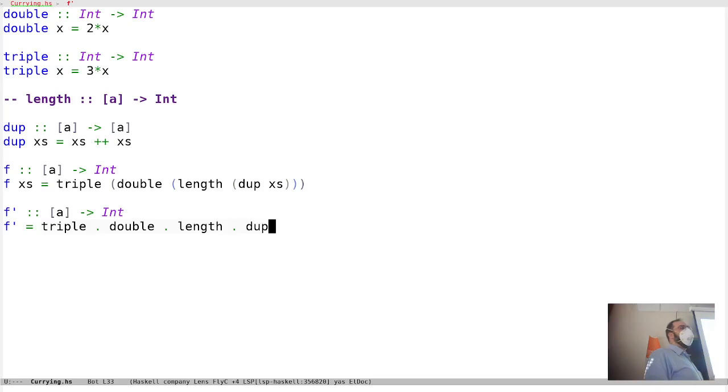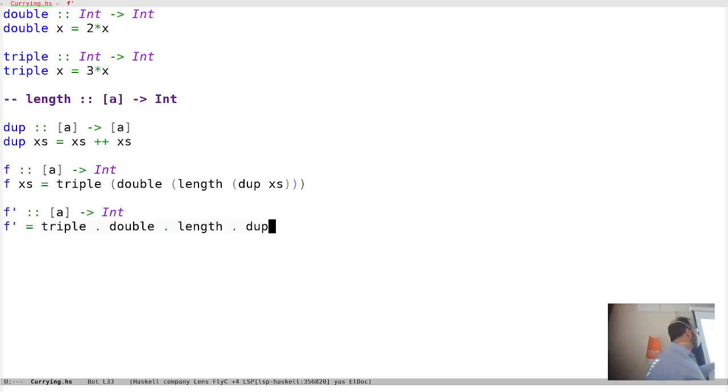And the parentheses don't matter, because function composition is associative, right? If I run f and then g and then h in order, it doesn't matter if I compose g and h first and then compose that with f, or if I compose f and g first and then compose that with h. I'm going to get the same 3 functions in the same order, doing the same thing, so it doesn't really matter. So I don't need to use parentheses here at all.